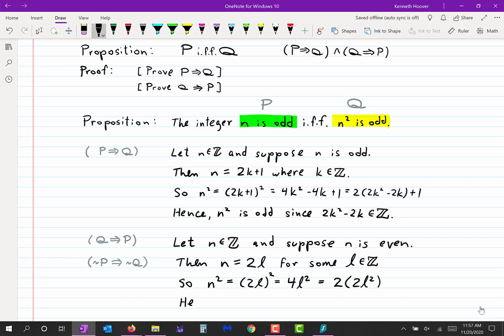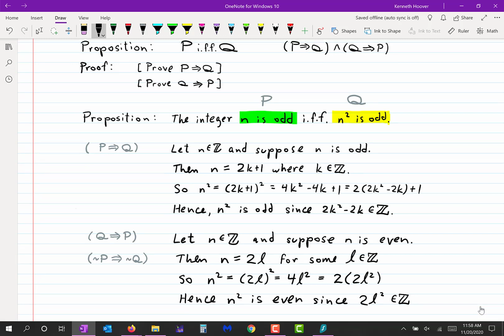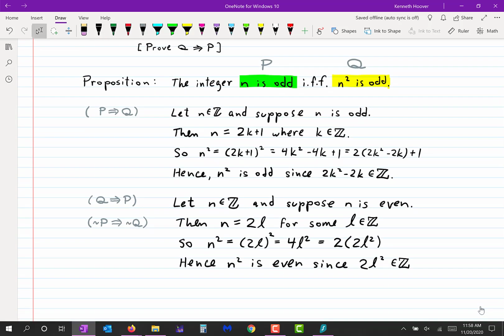So hence n squared is even, since 2l squared is an integer. So thus, if n squared is odd, then n is odd.